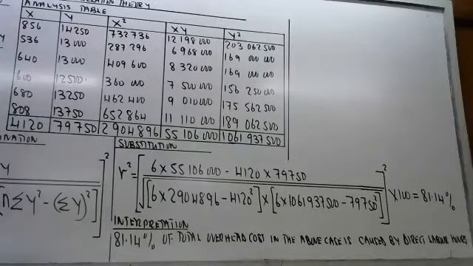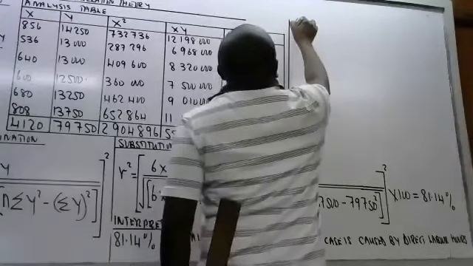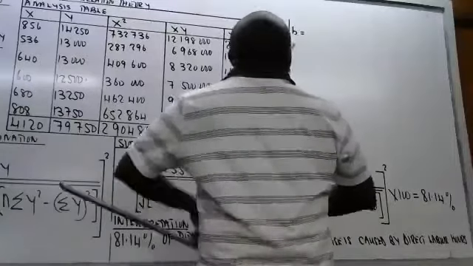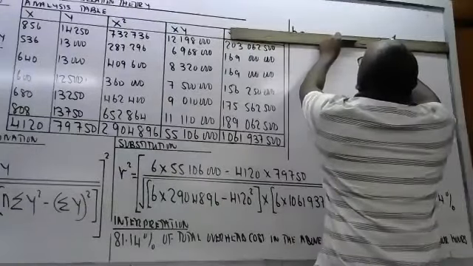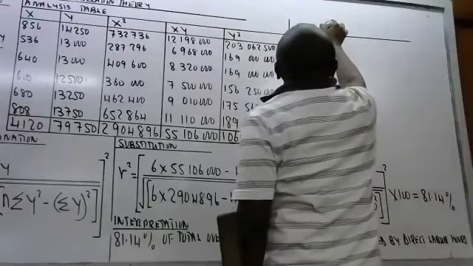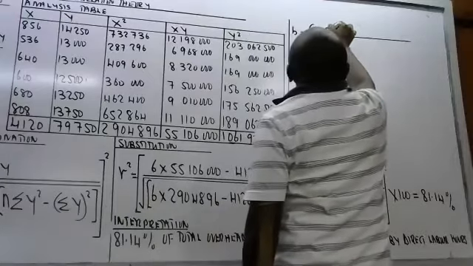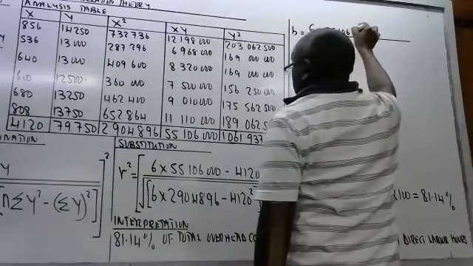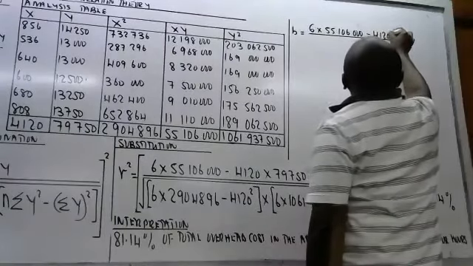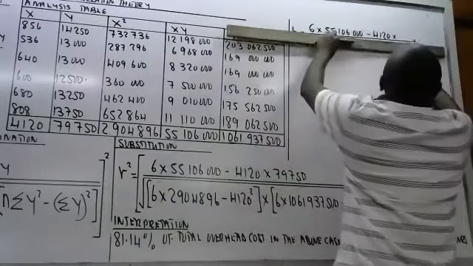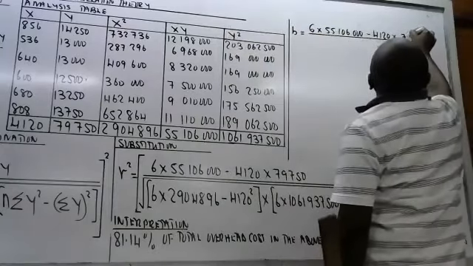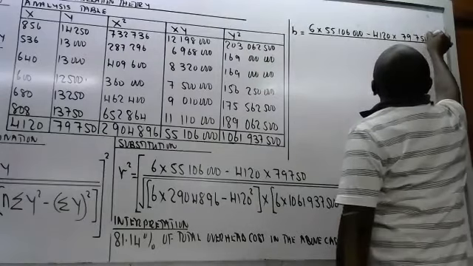We now substitute for B. According to our formula, it is 6 times 55,106,000 minus 4,120 times 79,750.